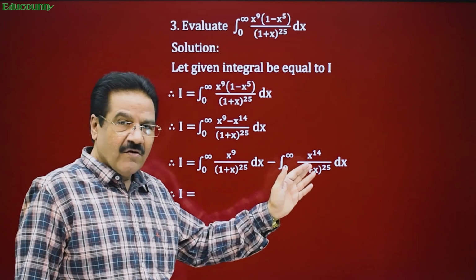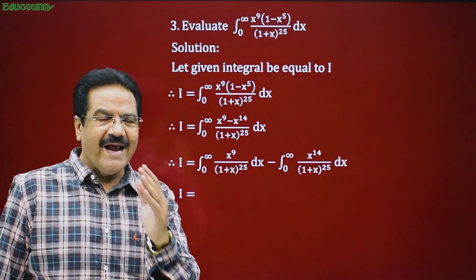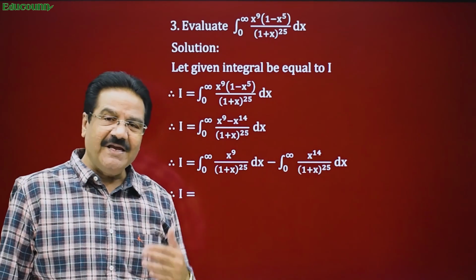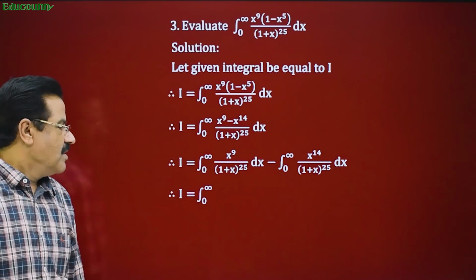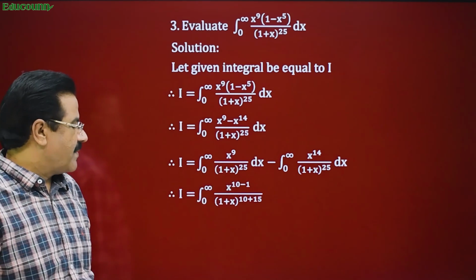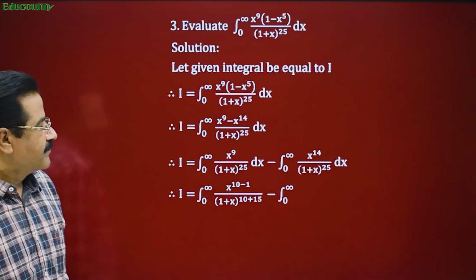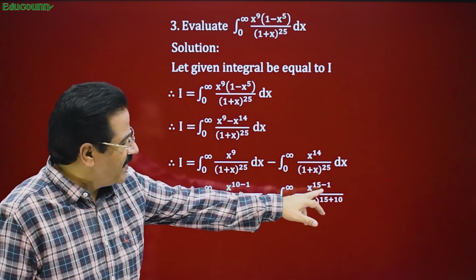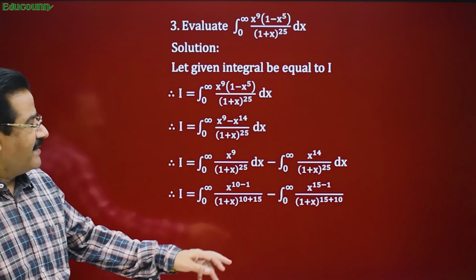For the second, whenever we write x raised to 15 minus 1, we get the value of m as 15. And therefore, this 25 can be written as 15 plus 10 like this. So integration 0 to infinity x raised to 10 minus 1 upon 1 plus x raised to 10 plus 15. And then second, integration x raised to 15 minus 1 upon 1 plus x raised to 15 plus 10.